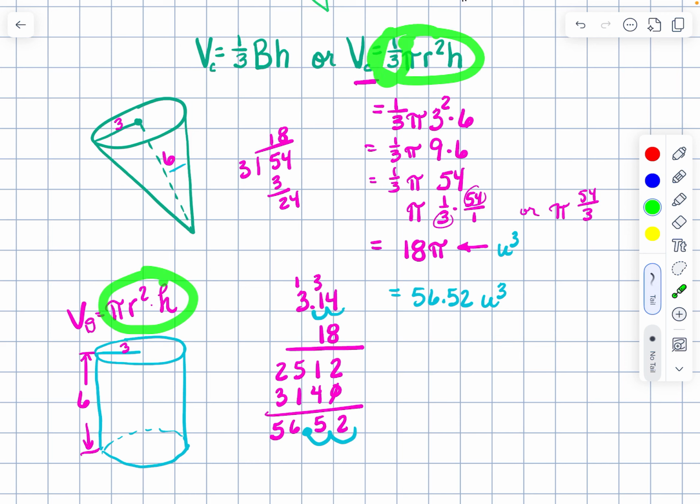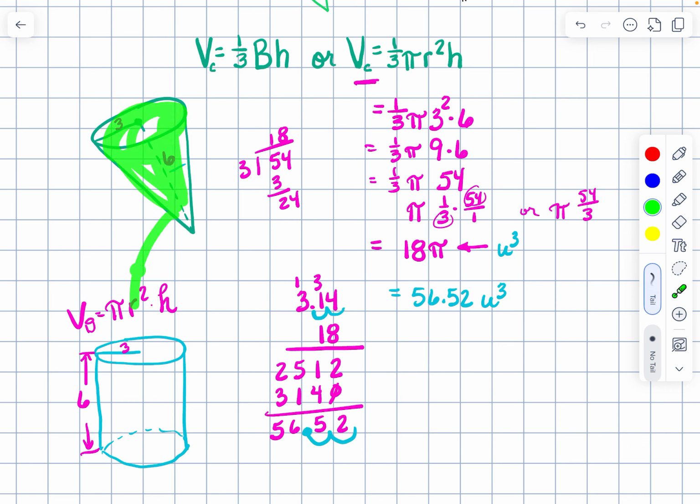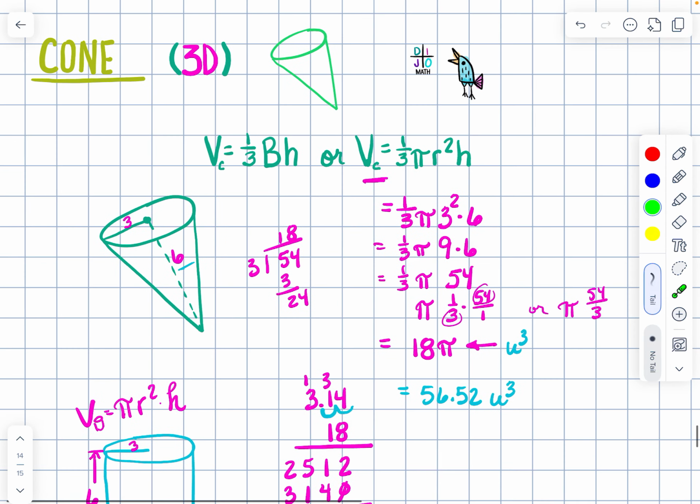It's this 1/3 right here. And that's what tells us 3 of these will go into here. Okay, so I hope that helps. It shows me that there's a relationship between the cone and the cylinder, which I think is pretty cool. Anyway, I hope this helps, and I will see you in the next one.